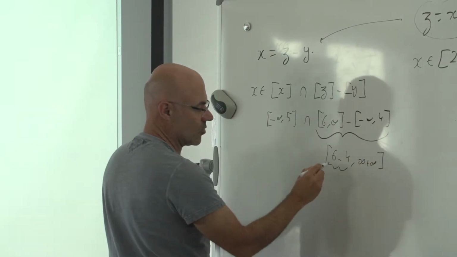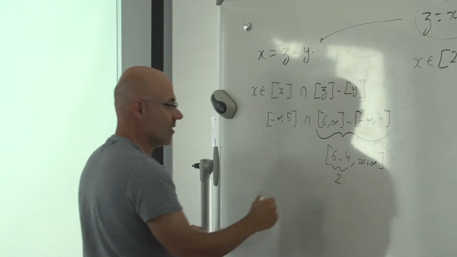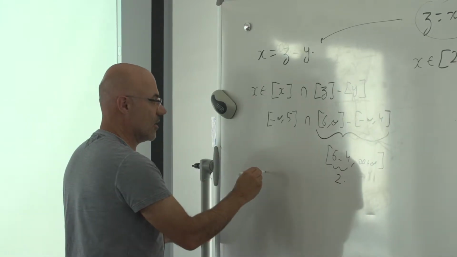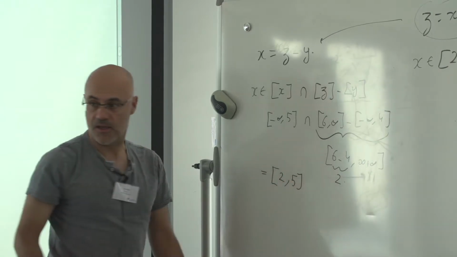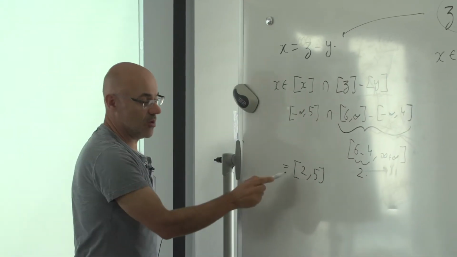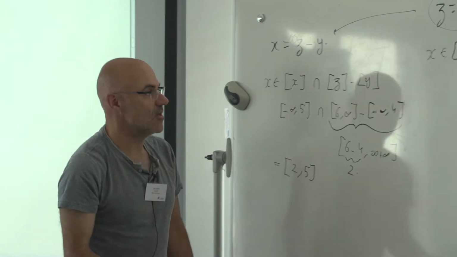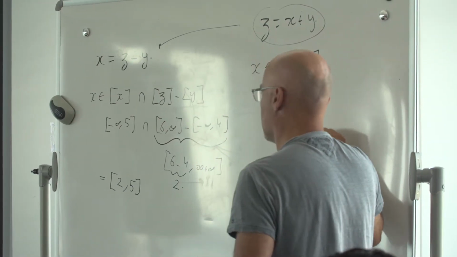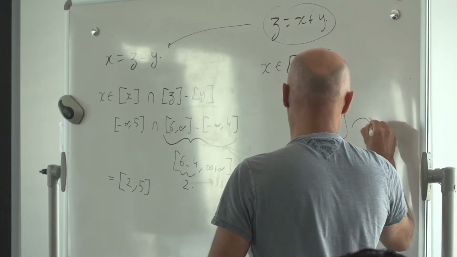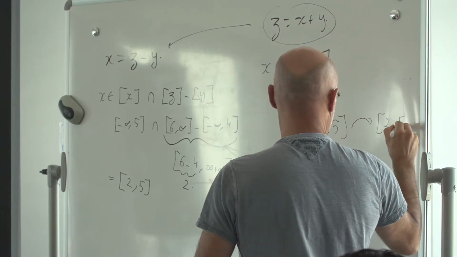This corresponds to 2. So if I intersect, I will obtain 2, 5. It means that x belongs to 2, 5. So the interval minus infinity 5 has been contracted into 2, 5.